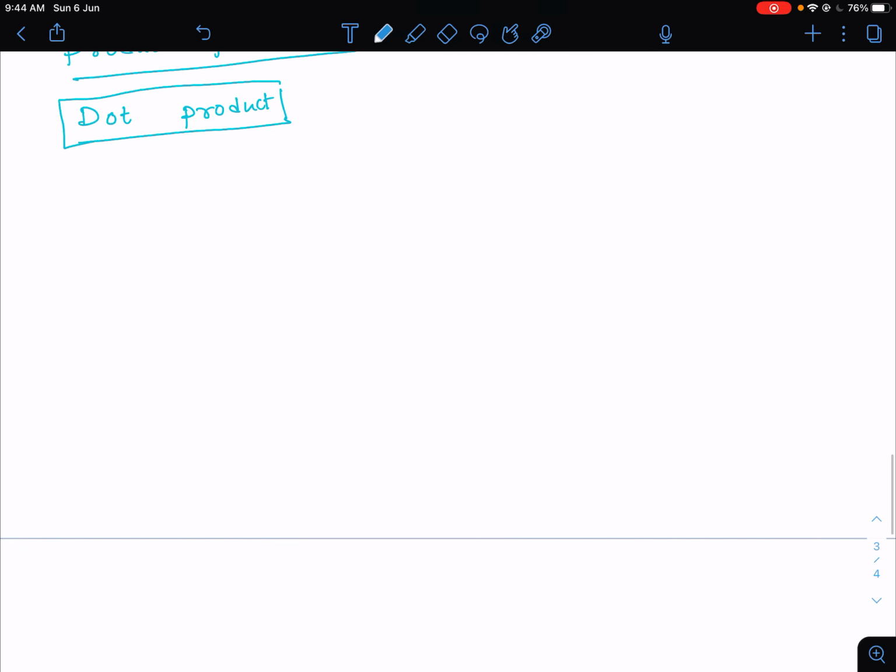So if you have two vectors A and B, their dot product is defined as the magnitude of A and the magnitude of B times the cosine of the angle between A and B. So the dot product is basically a scalar.